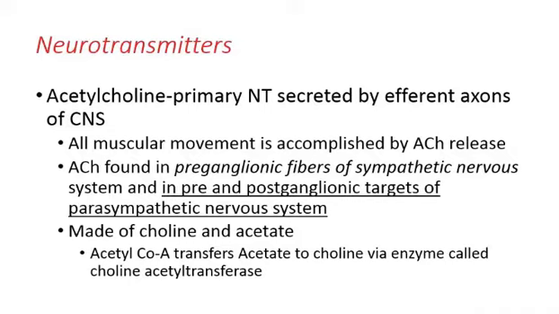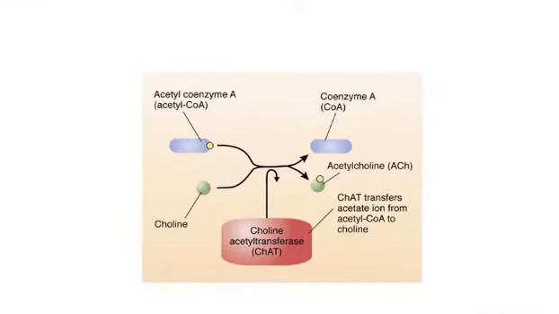Acetylcholine is made up of choline and acetate, and there's an enzyme called choline acetyltransferase. Acetyl-CoA transfers acetate to choline via that enzyme. This is our choline acetyltransferase molecule, and it links up a molecule of choline and acetyl-CoA, or coenzyme A. It then liberates the CoA and produces the acetylcholine.